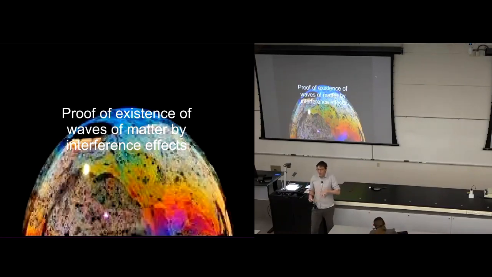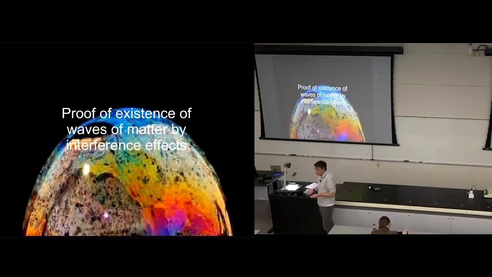But the question is really, do they exhibit these wave-like properties or not? When he invented his formula for the wavelength of particles like electrons and protons, there was no evidence at that time that particles have wave-like properties.